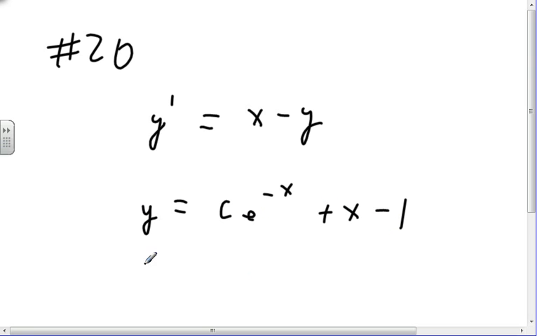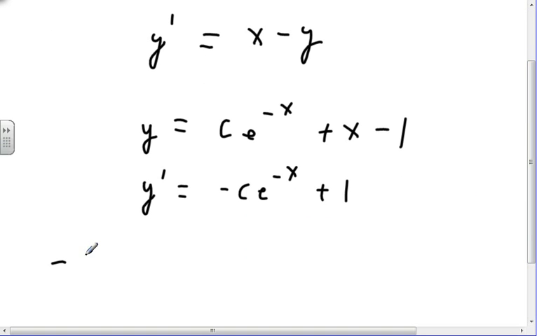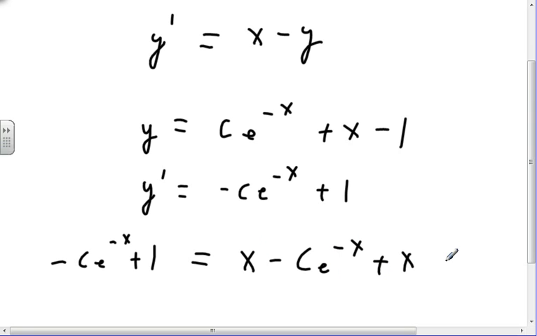Okay, so y prime would equal minus c e to the minus x plus 1. Now, does minus c e to the minus x plus 1 equal x minus c e to the minus x plus x, minus 1?